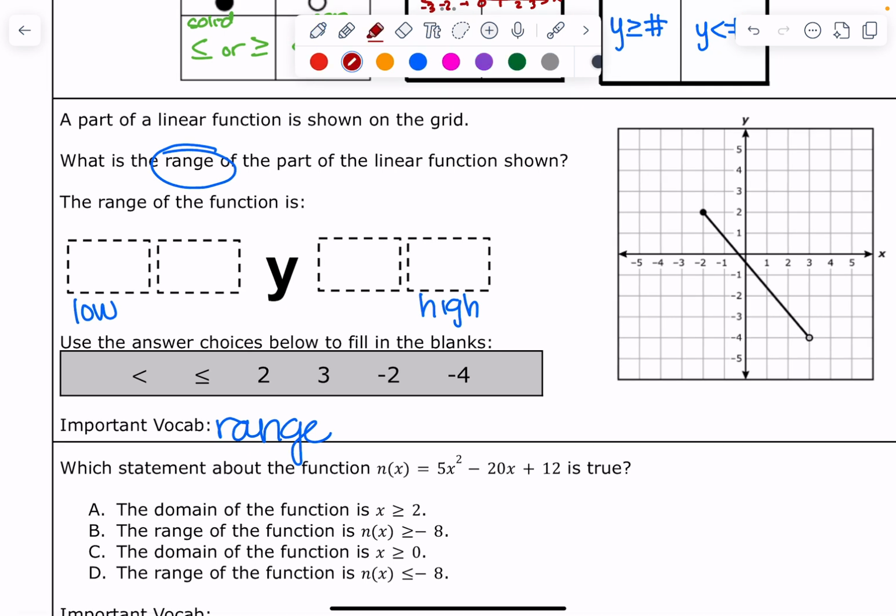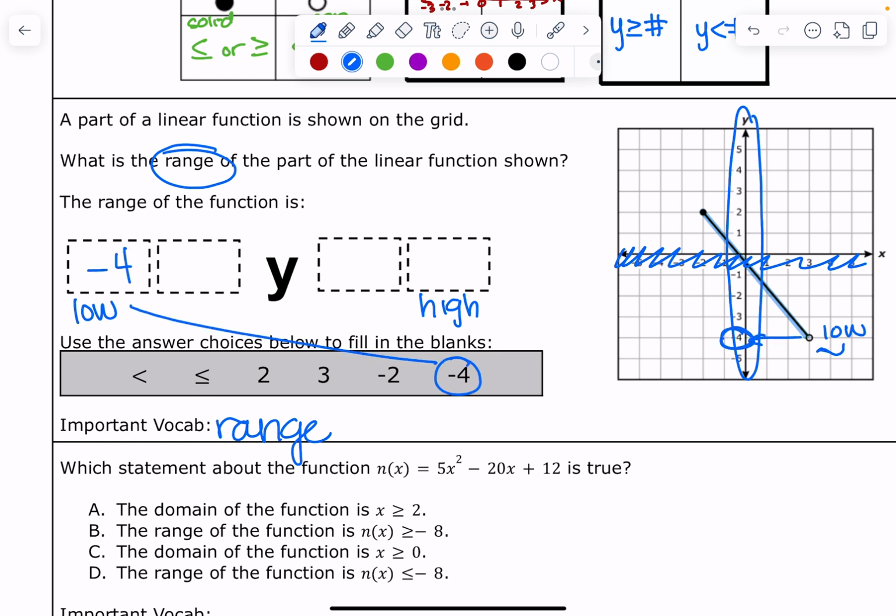If I look at my function that they gave me, this line right here, and I only look at the y numbers, not the x, my lowest number right here, low, is -4, that should go in my first box, -4. And this is an open point. So if it's open, we get this symbol, boom, boom.